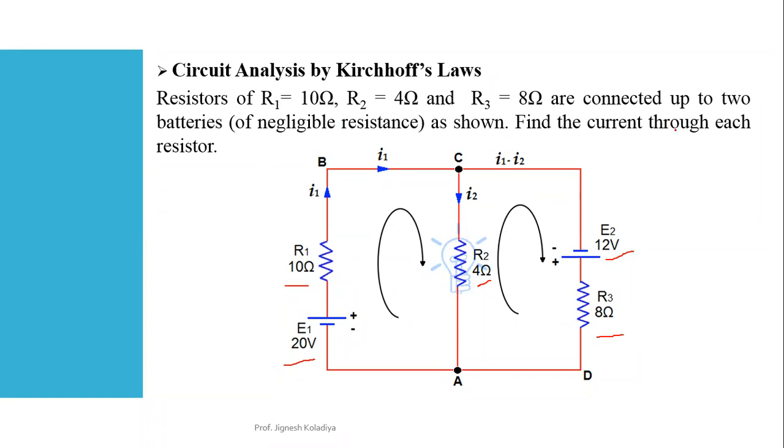Find out the current through each resistor. So you have to find this current, as well as the current passing through this 8 ohm resistor.